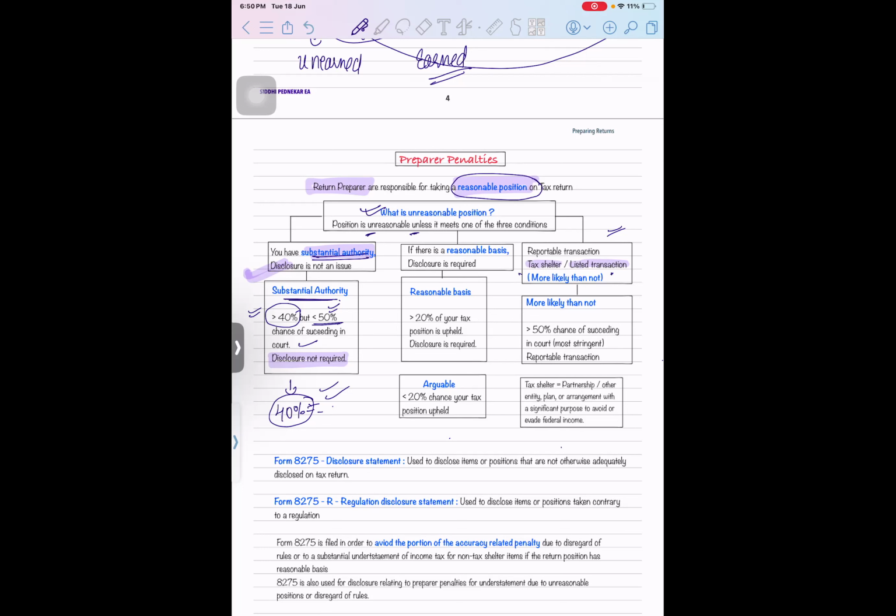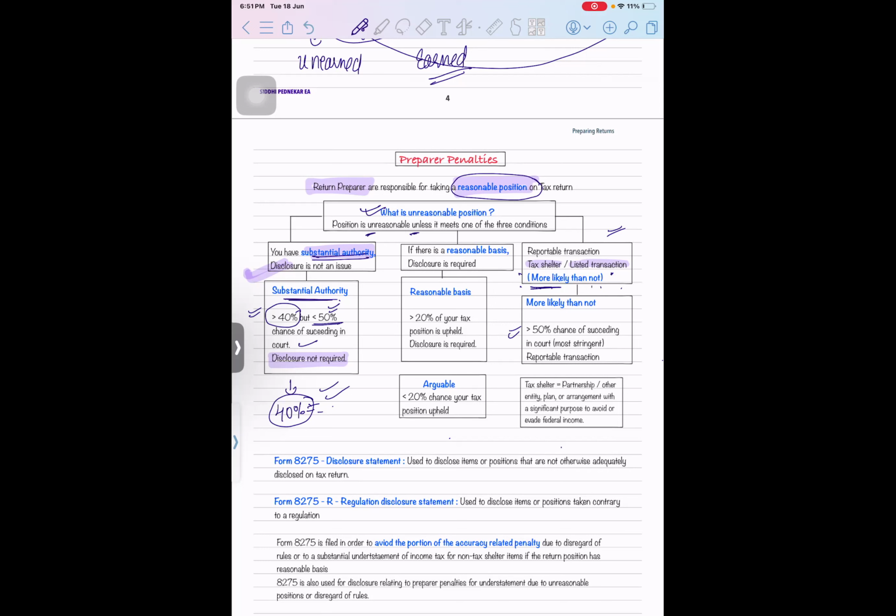What is the meaning of that? More likely than not means more than 50% chance of succeeding in court. More likely we are going to succeed than not succeeding. Got it? I hope you are understanding the language, everyone.